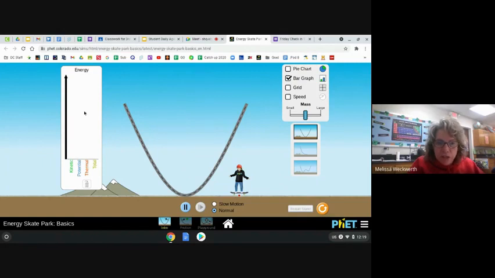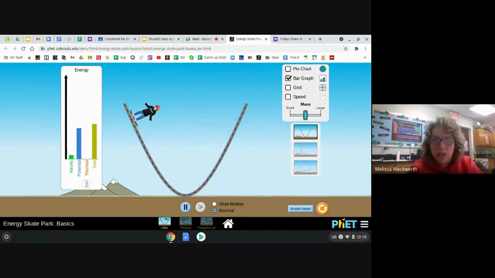Over here, when I put this bar graph up, I can watch what happens to the kinetic energy as he goes down and then up the ramp, okay? It continues on this continuous loop, right? So it isn't really showing us friction, because if it was, friction would be slowing him down, and ultimately he would come to a stop at the bottom of those ramps.